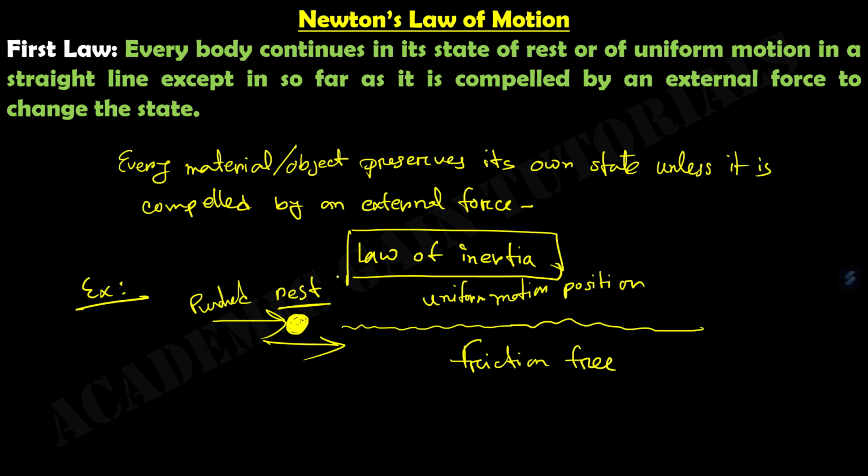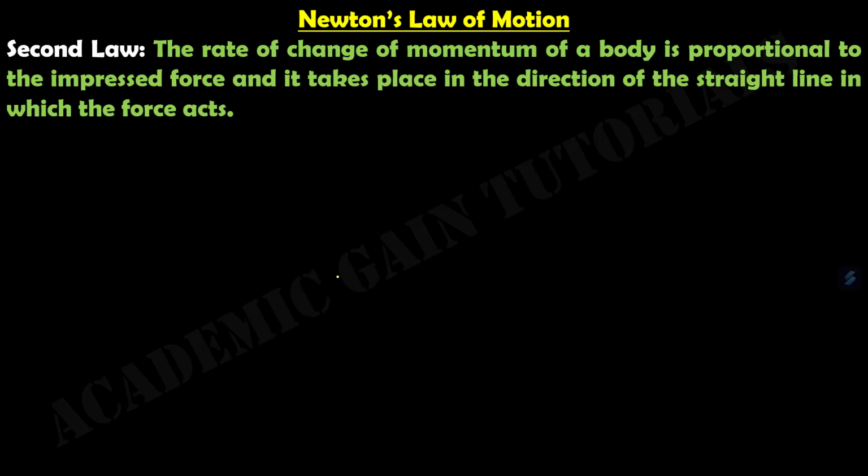So now coming to the second one. The second law says that the rate of change of momentum of a body is proportional to the impressed force, and it takes place in the direction of the straight line in which the force acts. That means, suppose there is an object and I push the marble, so I apply some force to that marble.